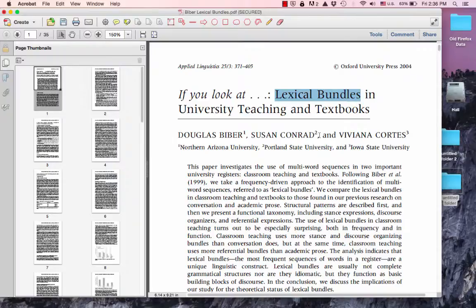And when you study millions and millions of words in a single database, you can start extracting patterns. We are interested in these patterns because these patterns represent how native speakers use language consistently.